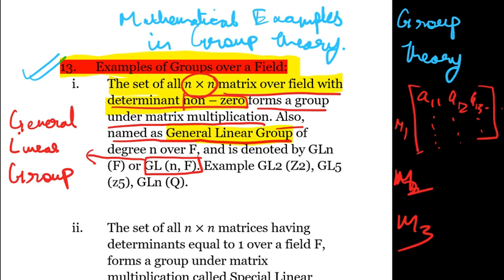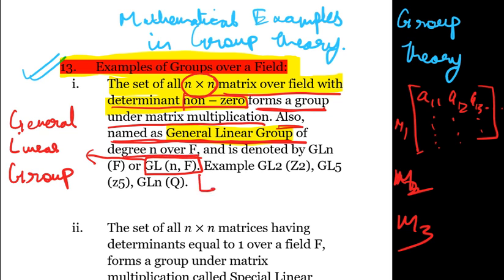General linear group of degree n. So what are we saying? We are saying that a set of n cross n matrices over a field with non-zero determinant forms a group under matrix multiplication. It is also named the general linear group of degree n over field F.